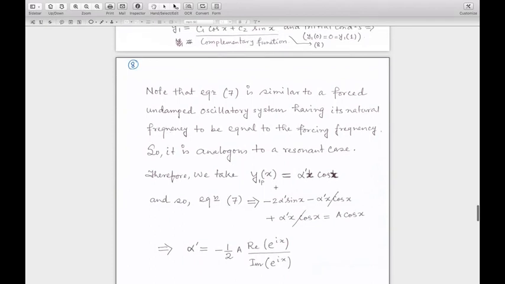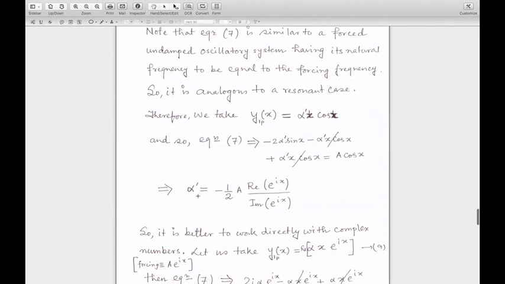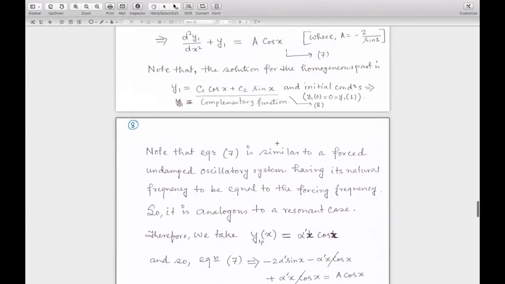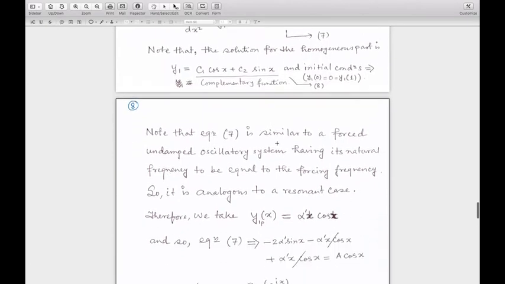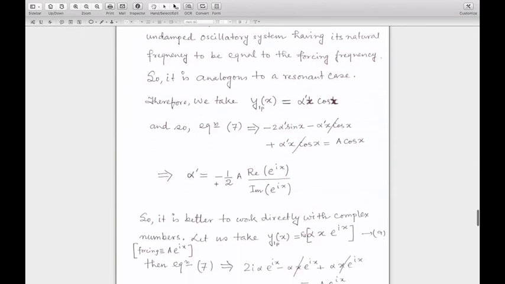If you substitute that in this equation, you will see that alpha prime is equal to, so alpha prime is just the amplitude of this trial solution, which is not necessarily real, that is a complex quantity. For some unknown reason I call that alpha prime. So this alpha prime is equal to minus half a cos x by sin x.